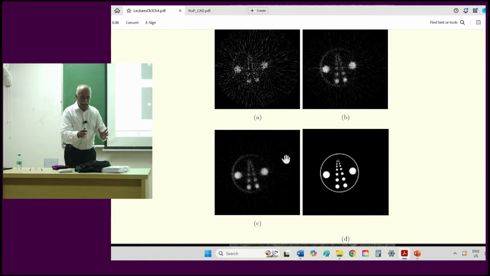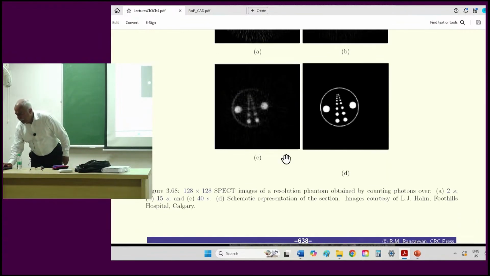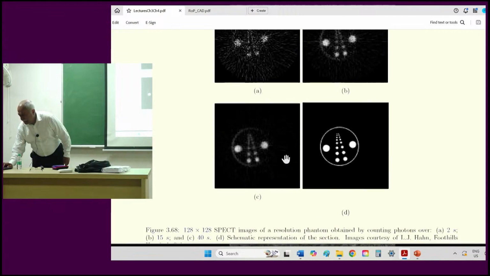Actually, it's a solid cylinder with holes drilled in it. In the holes, you put the radioactive material. There are 2 big holes and pairs of holes like this, 8 of them actually. The dimensions are in the book. I won't go through that.